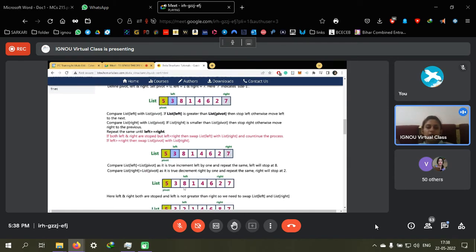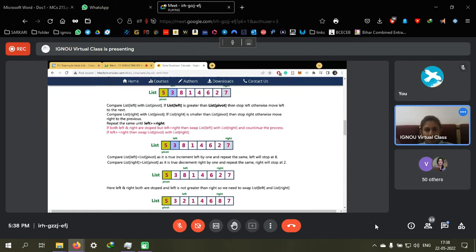So our left is on which position? 8. 8 is greater than which value? 8 is greater than pivot. So here it is, the greatest value.